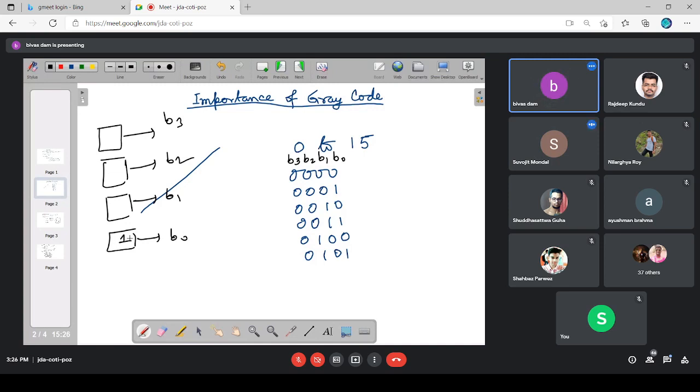Then B1, then B2, B3. You are going for the straightforward one. I will go for this as 2, this as 3, and this as 4. Let me go for that one.